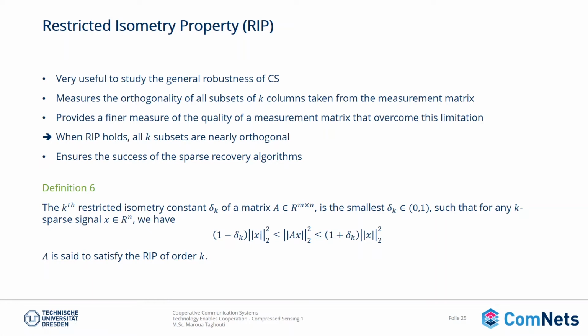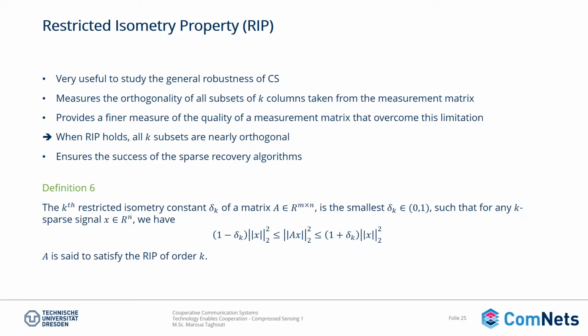So this turns out to be a very useful way to study the robustness of compressed sensing. It's one of the most used tools to certify whether a measurement matrix is good or not for my compressed sensing problem. It measures the orthogonality of all subsets of k columns taken from the measurement matrix. Let me explain.